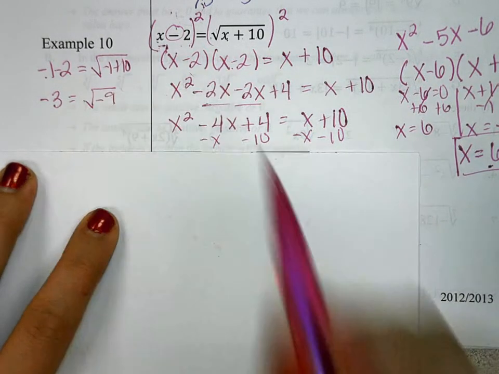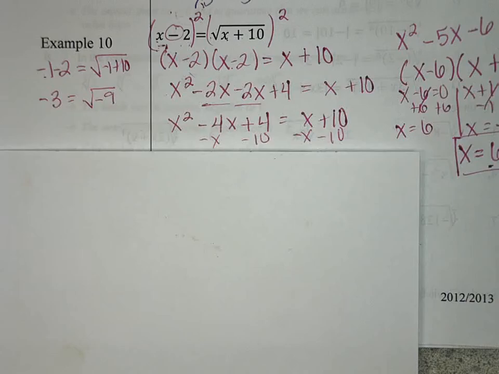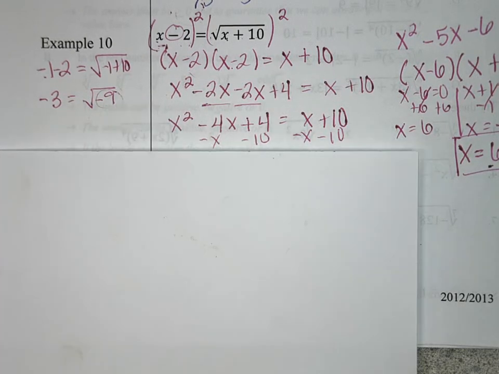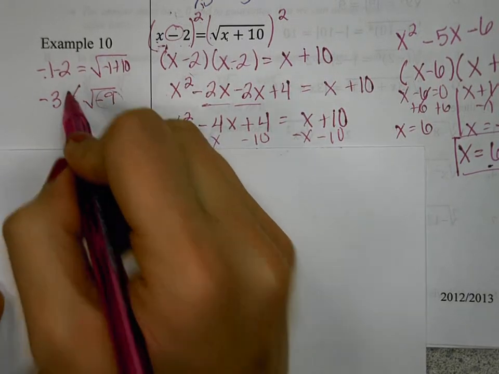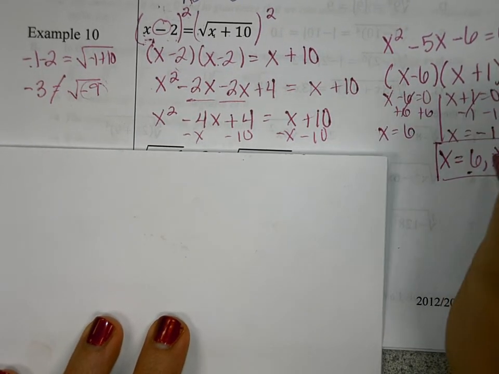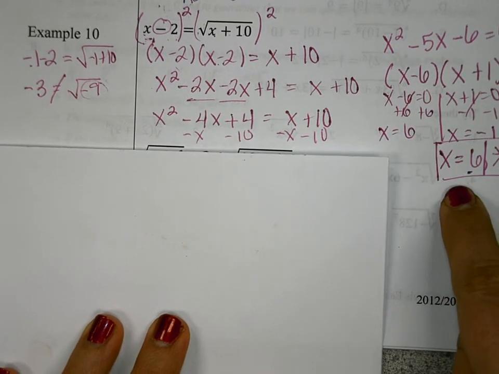Now wait a second. I have a square root with a negative on the inside. That's not allowed anymore because we do not have imaginary numbers anymore. We're taking them away. So this is not a possibility. So I actually only have one answer, and that is x equals 6.